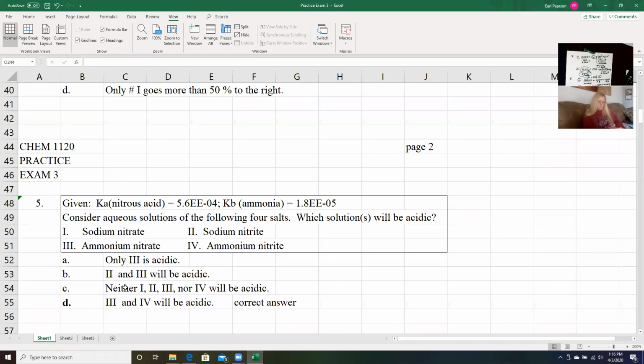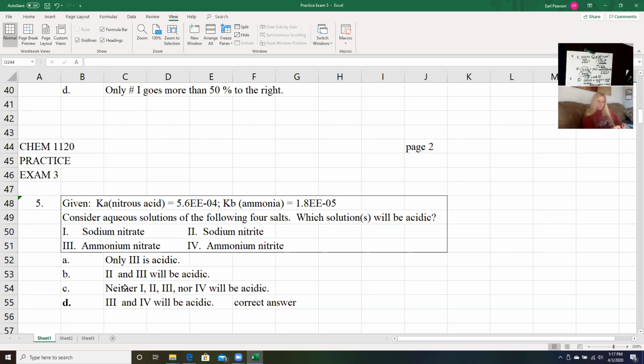So the strong base will dominate. This is going to be a basic component. What does it say? Which will be acidic? Well, it can't be anything that's got 2 in it. So that eliminates B and C in this case.